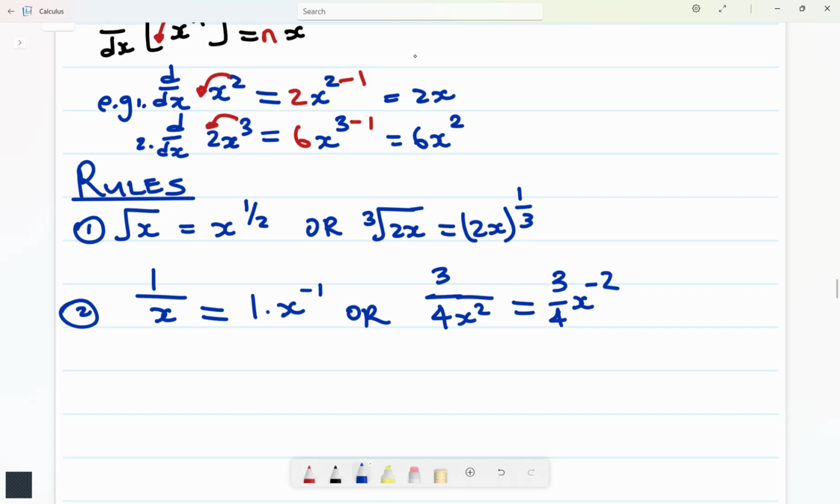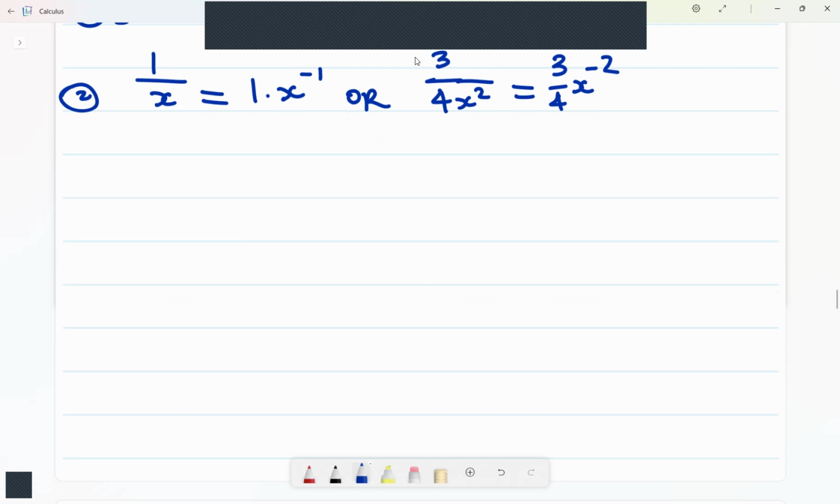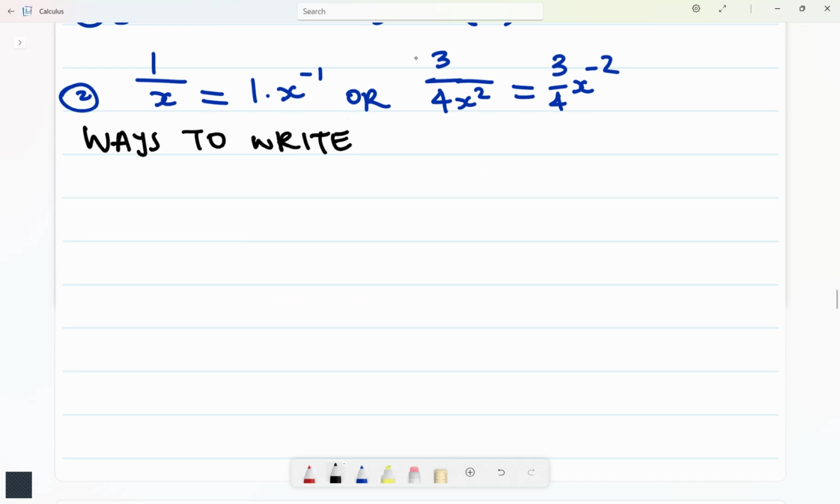Okay, now there are many ways to write the derivative. The derivative of y is equal to f of x.